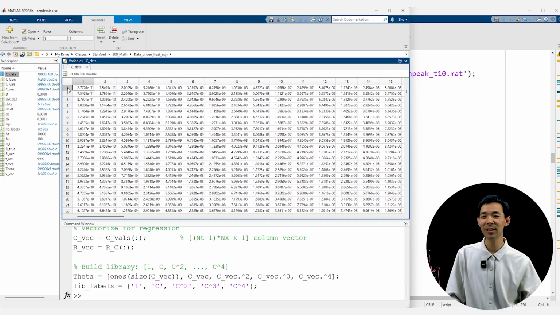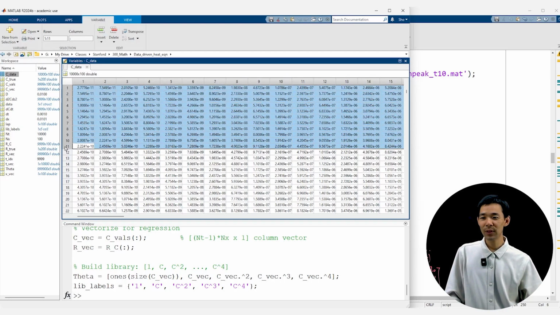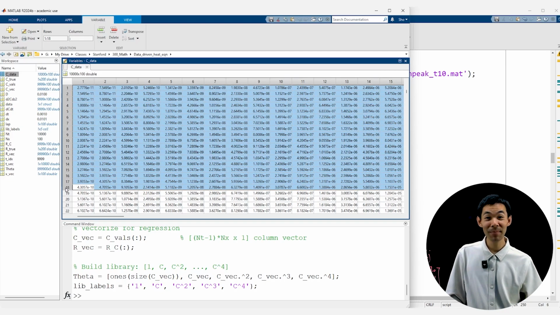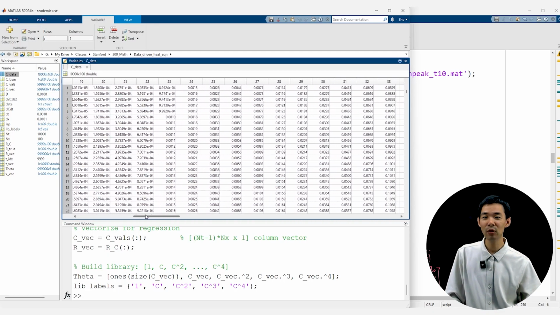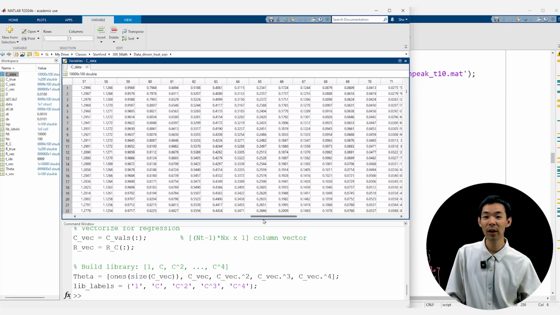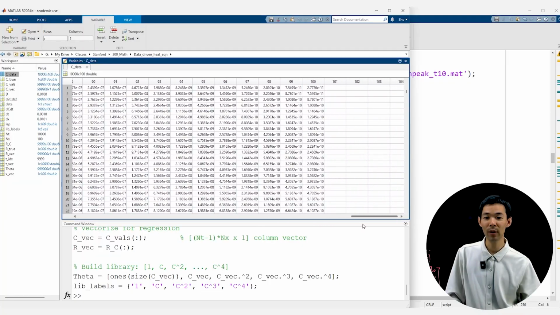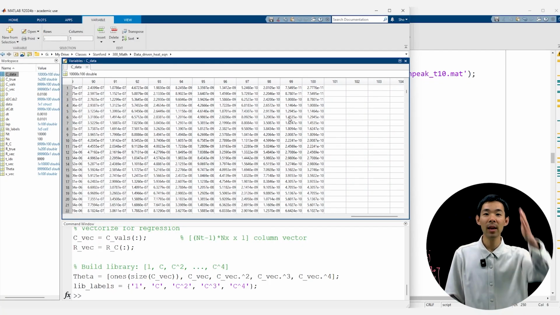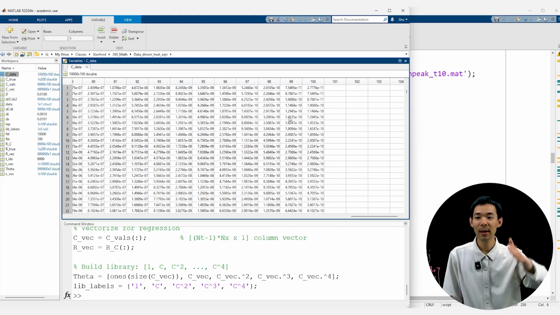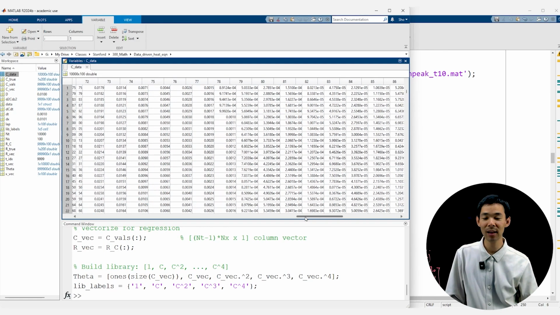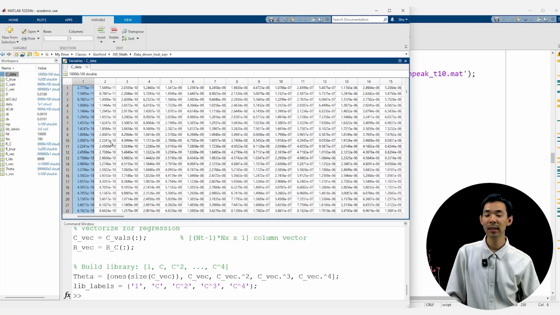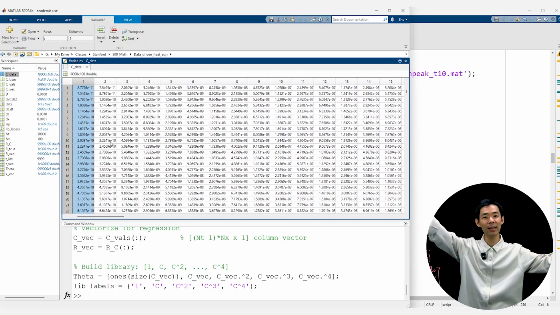So each of these rows is a single slice in time, and then there are 100 spatial discretizations in the column space, all the way over to the right-hand side. So this is 10,000 time points by 100 spatial discretizations. It's a gigantic concentration data matrix that I've now supposed that I've collected experimentally.